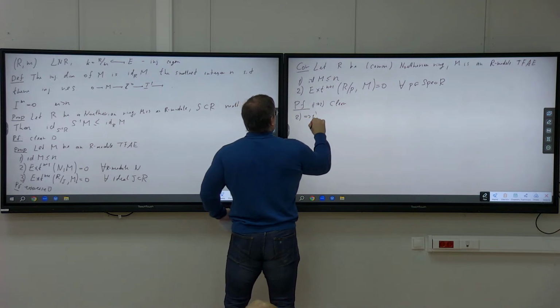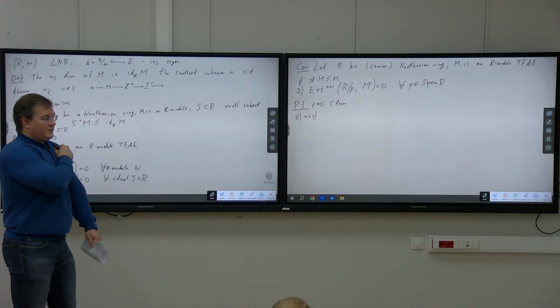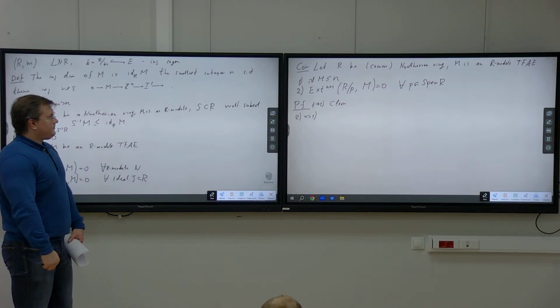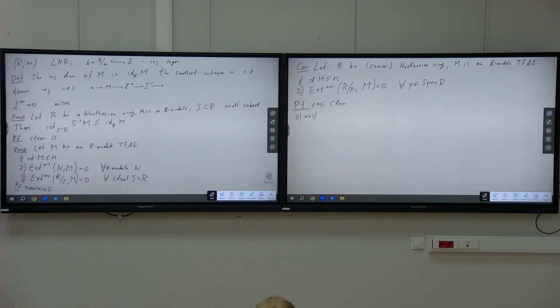2 implies 1. Well, do you see how you can prove that 2 implies 1 in the commutative case? Yeah, for example, if you want to use this, you probably want to prove that instead of R modulo P, we can plug in R modulo J for any ideal, right? What can we say about this module? At least this is a finite module. It's cyclic, but at least it is finite.